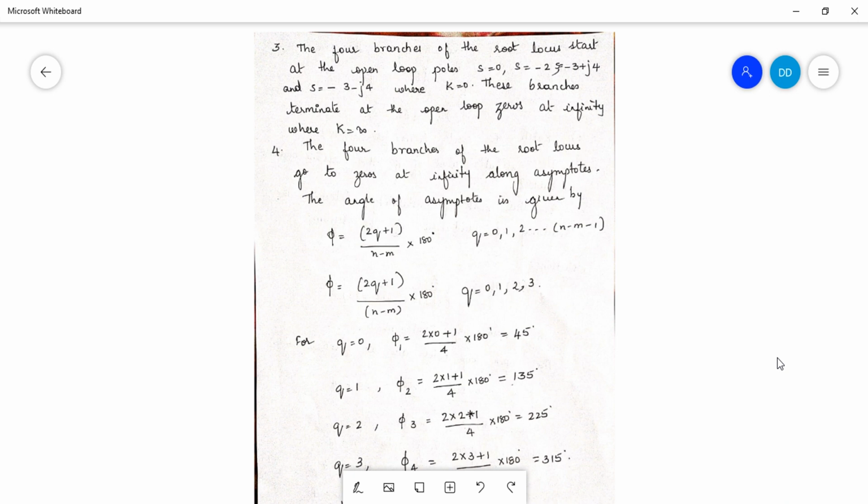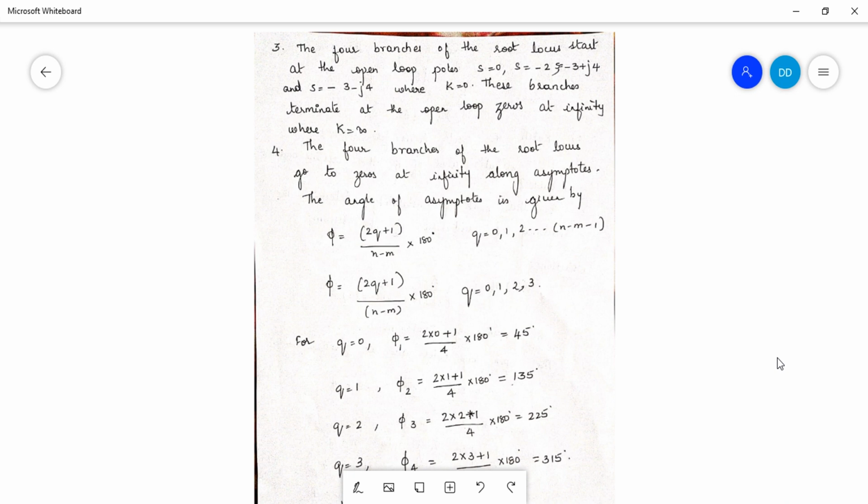So we will find the angle of asymptotes. The angle of asymptotes is given by phi = (2q+1)·180/(n-m), where q has the values 0, 1 up to n-m-1. Since our n is 4 and m is 0, 4-0 is 4, and 4-1 is 3.